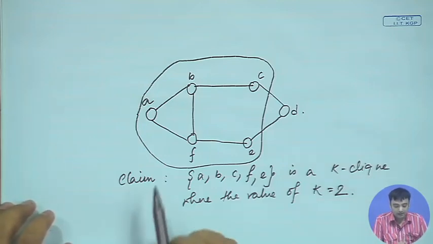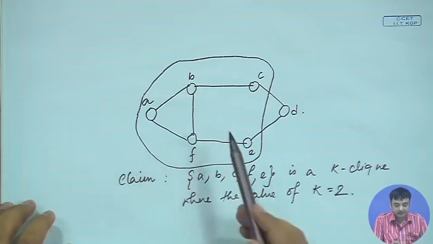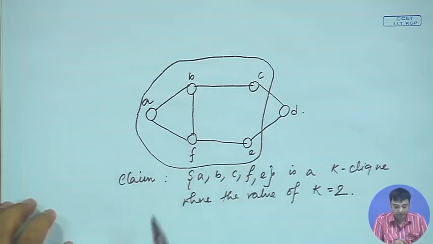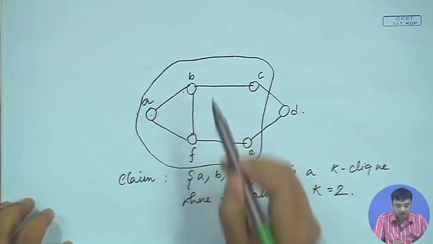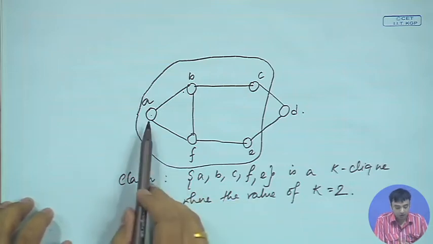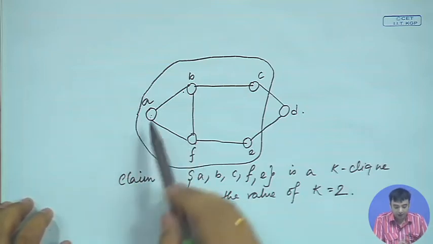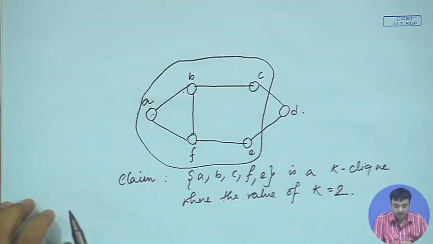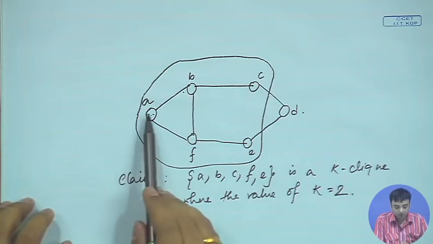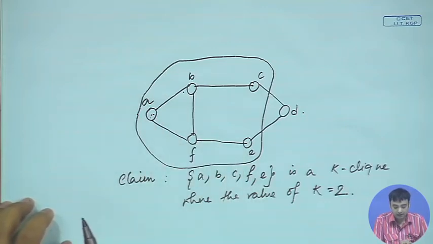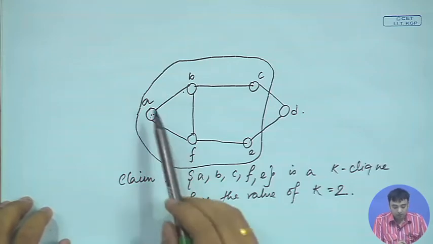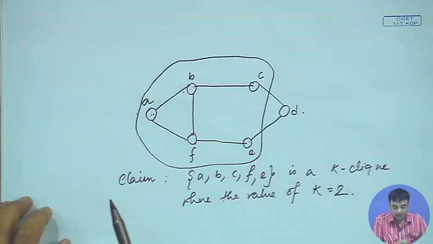Let us examine the shortest path between every pair of nodes. Between A and B it is 1. Between A and F it is 1, between A and C it is 2, between A and E it is 2. Now, between B and F it is 1, between F and E it is 1, between B and C it is 1.